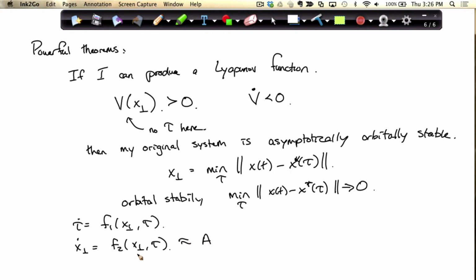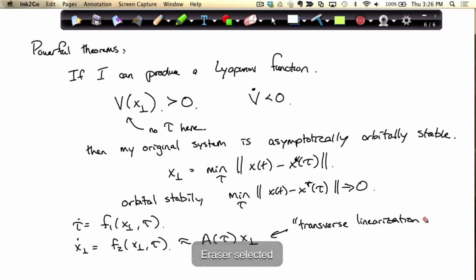I can always linearize this dynamics, and give myself something that's known as the transverse linearization. I can just Taylor expand F2. Tau dot, if you Taylor expand it, is going to be 1.